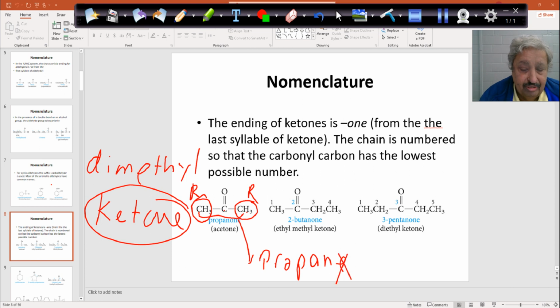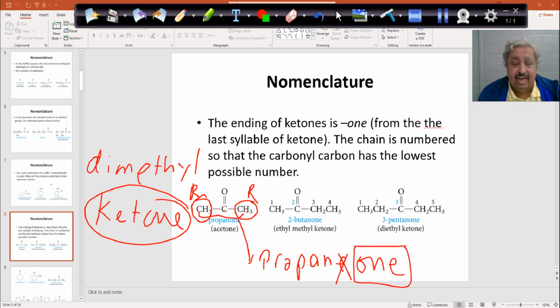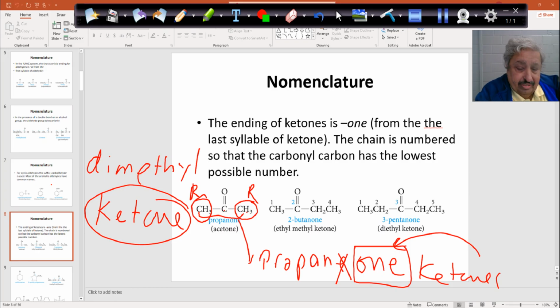Take the E out, add O-N-E. In the aldehyde we added Al. In the ketones you'll add O-N-E instead. So this is propanone.